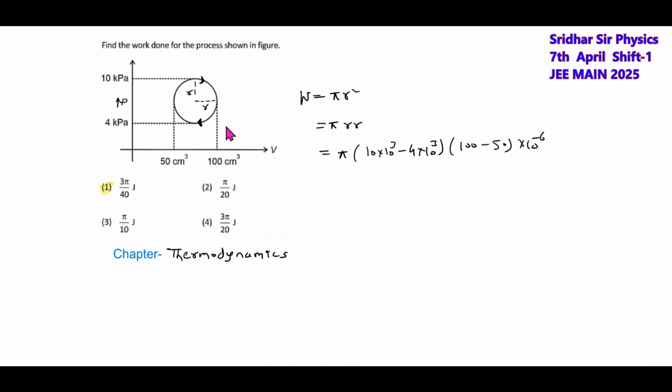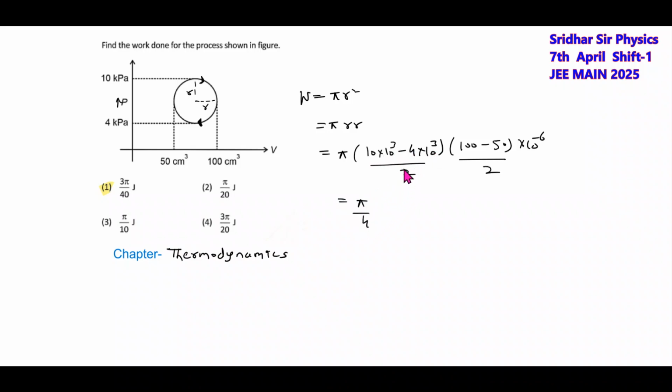And there's kilopascal. So this R will be 10 kilopascal minus 4 kilopascal by 2. Why are you dividing by 2? Because this bracket is the diameter and I need the radius, so divide by 2.